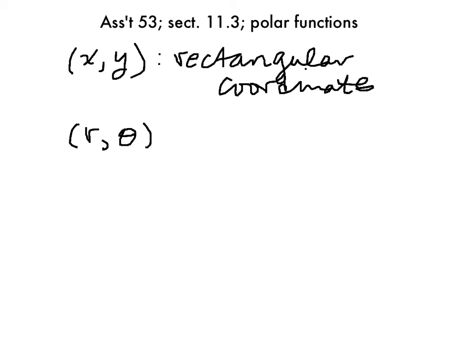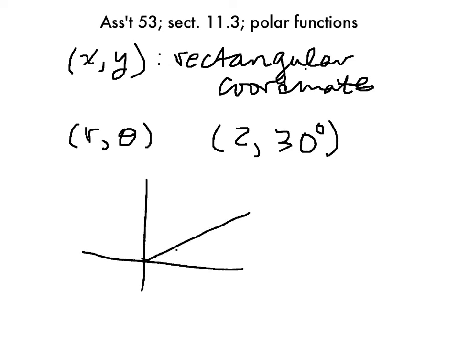Essentially what we do here is, for example, if we want to think about the point (2, 30 degrees), then the way that looks is we have an angle in standard position with length 2, and that point then is (2, 30 degrees). That's essentially the idea of determining a point based upon the angle that it makes with the positive x-axis and how long it is.